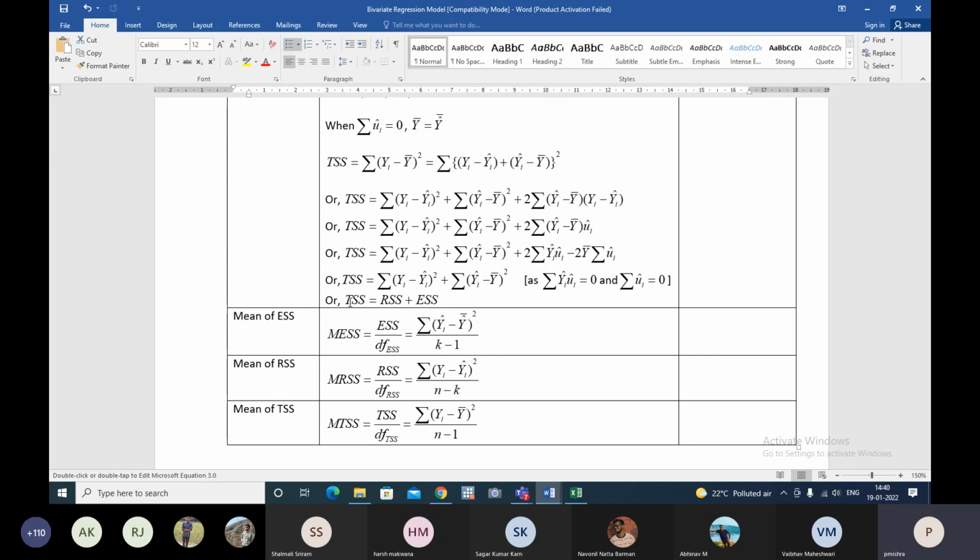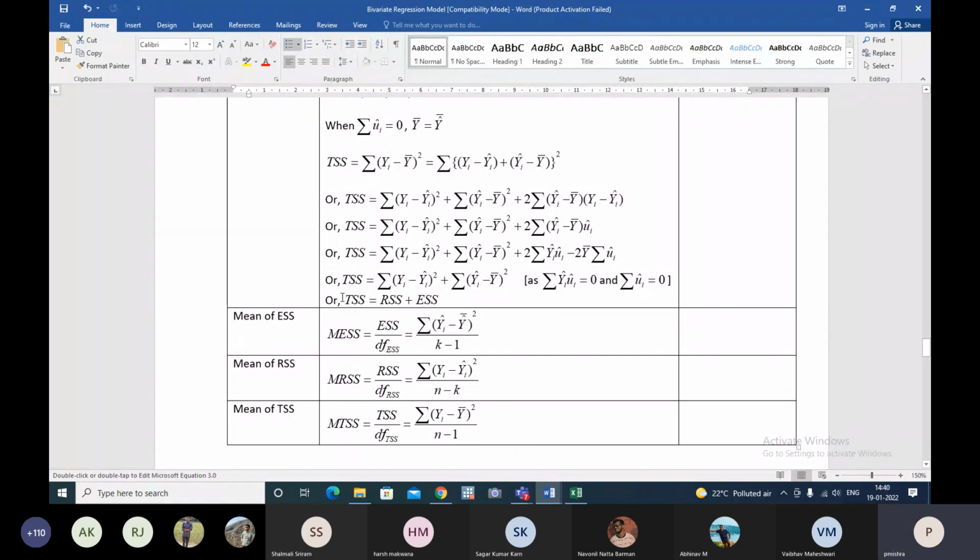Then there are some other concepts like mean of explained sum of squares, mean of residual sum of squares, and mean of total sum of squares. These are nothing but the respective sum of squares divided by the respective degrees of freedom.